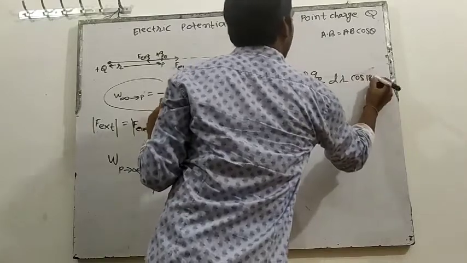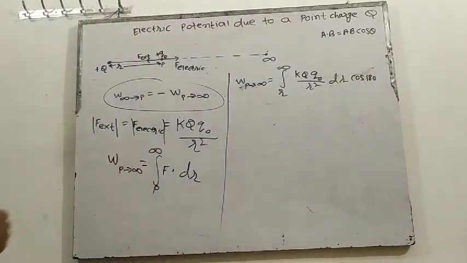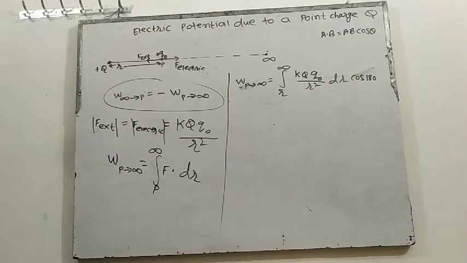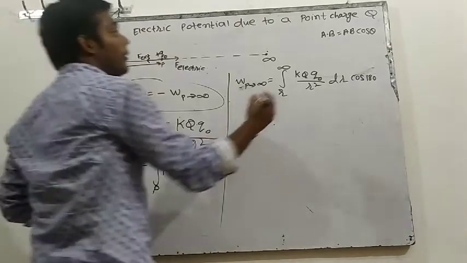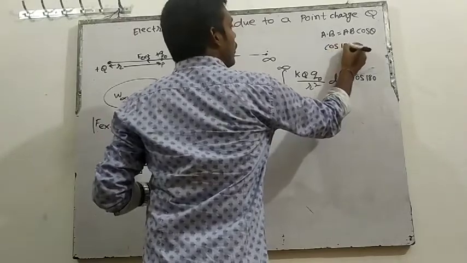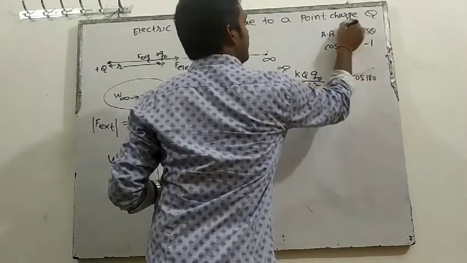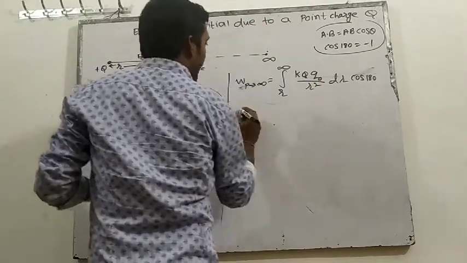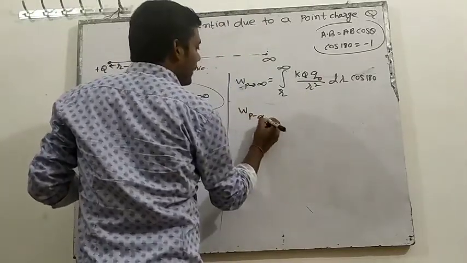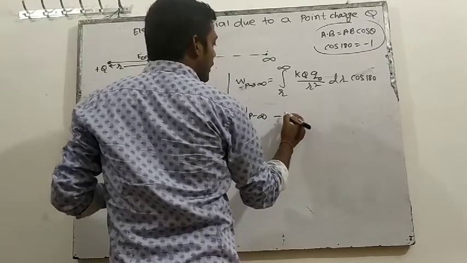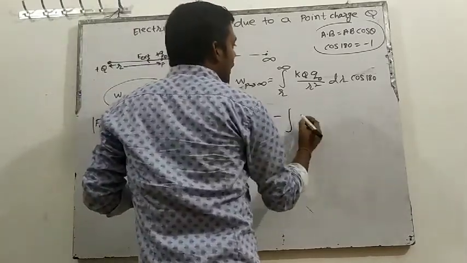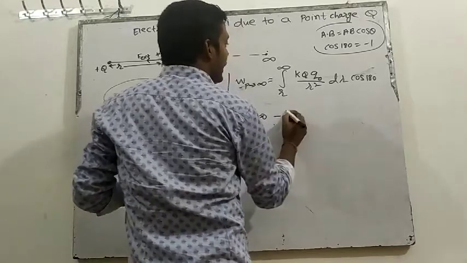Cos 180. AB cos theta, right? Now whatever is constant, take it outside. Cos 180 value is how much? Cos 180 is equal to minus 1. So here, work done from P to infinity: I take cos 180 as minus 1, taking the minus outside, and all the constants outside.